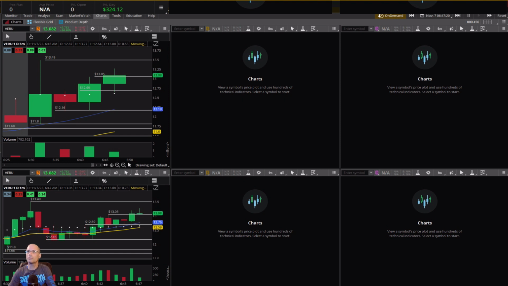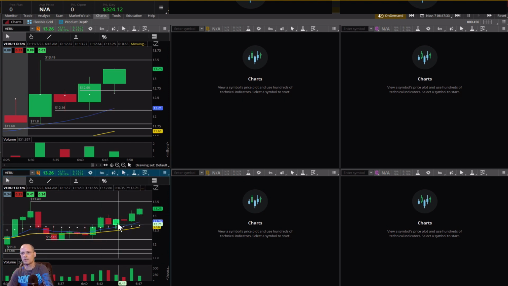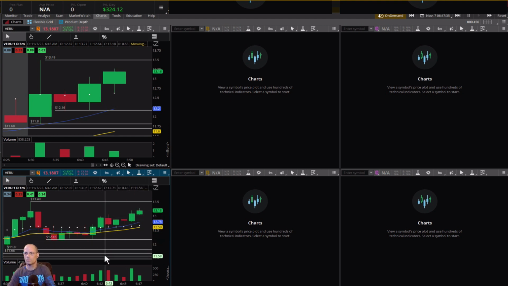The inside bar on the 15-minute. We had an inside bar. Get rid of some of these lines, kind of clear things up a bit. I'll put this line here.